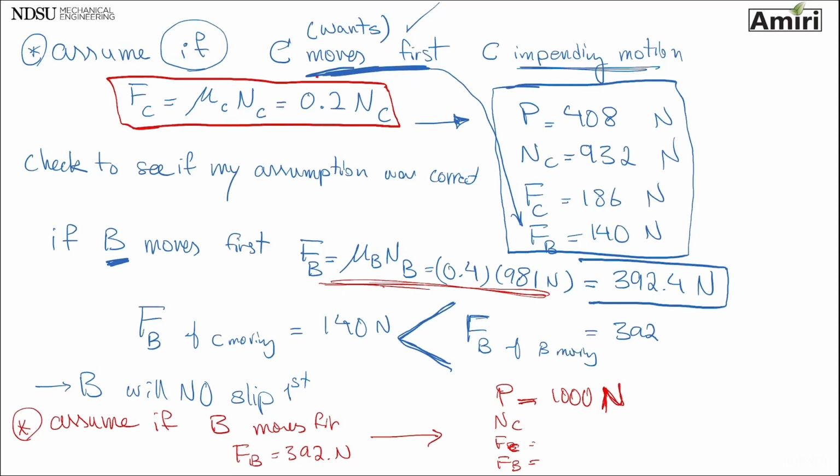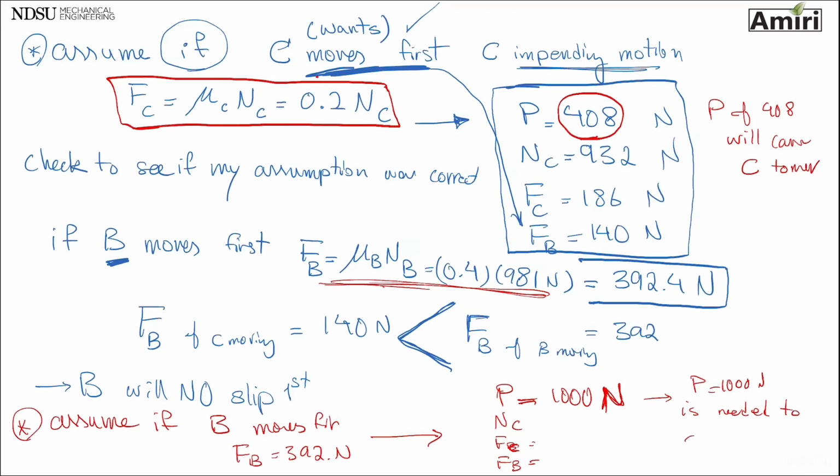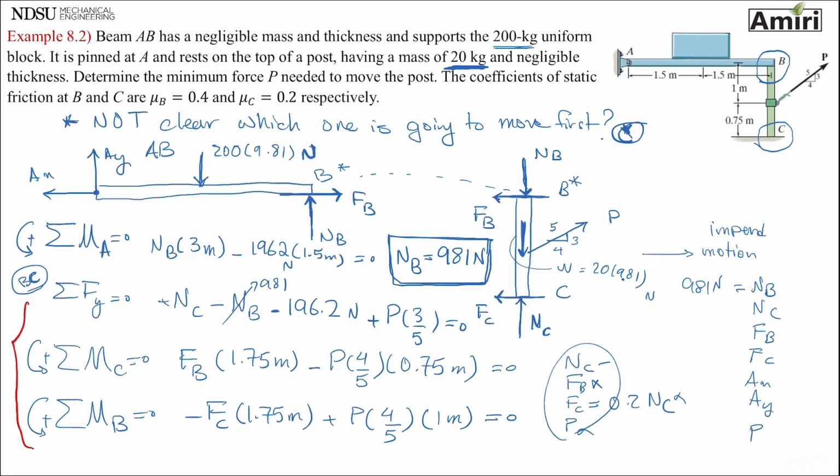Okay. So now you have two assumptions. Assuming C moves first, a P of 408 will cause C to move or slip. A P of 1,000 is required for slip to happen at point B. Let's go back and look.